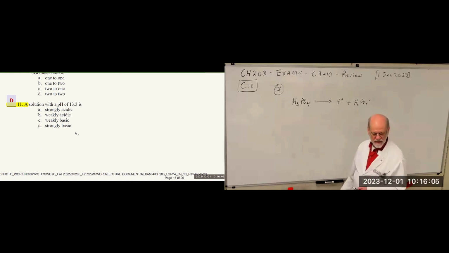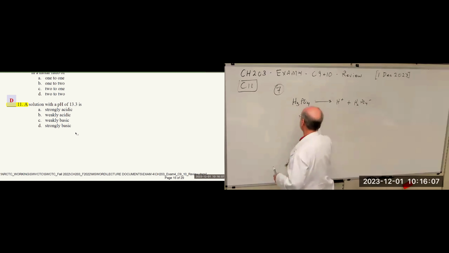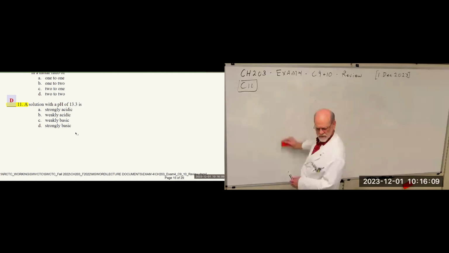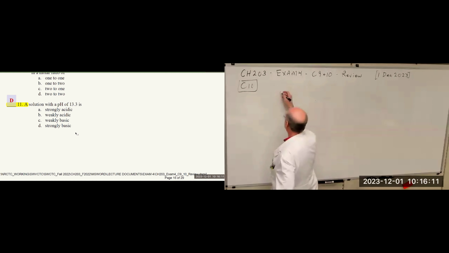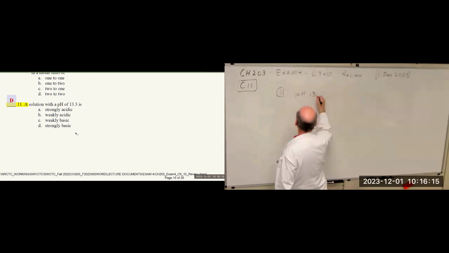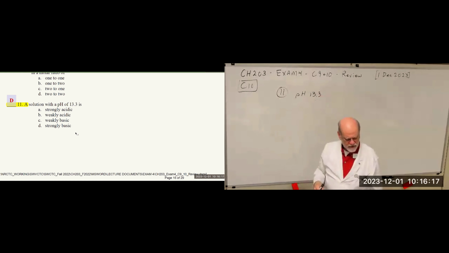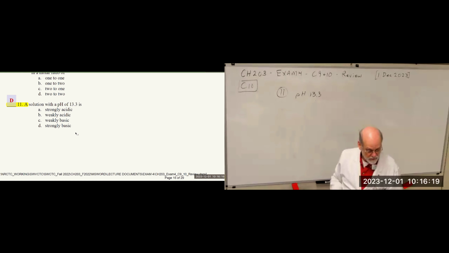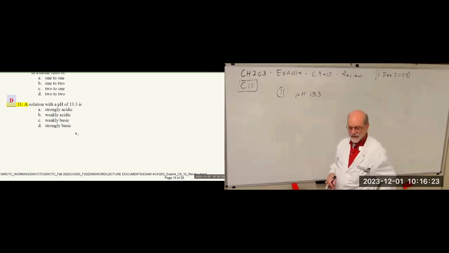A solution with a pH of 13.3. What number is that? 11. If the solution has a pH of 13.3, what's the question? Strongly acidic, weakly basic, strongly basic.